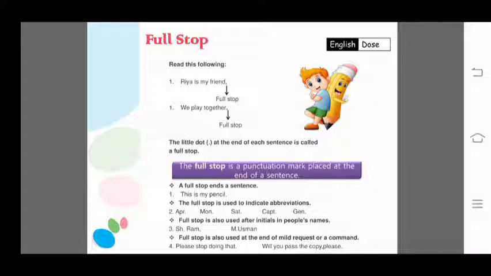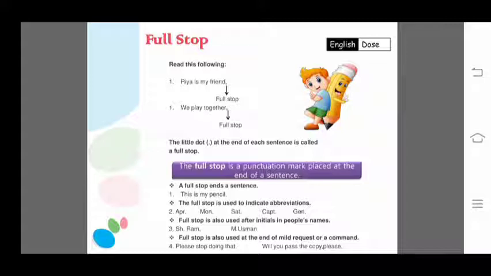To understand, read the third example. Sh. Ram. Sh. might be Sharma or Shri Ram. Another one, M. Usman. M. means Muhammad Usman.